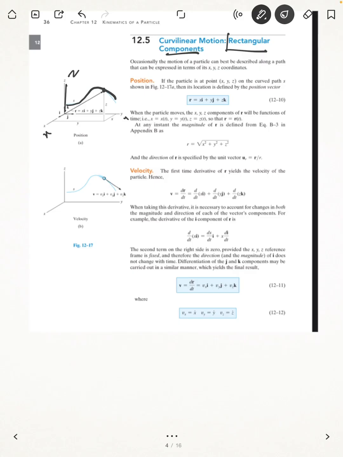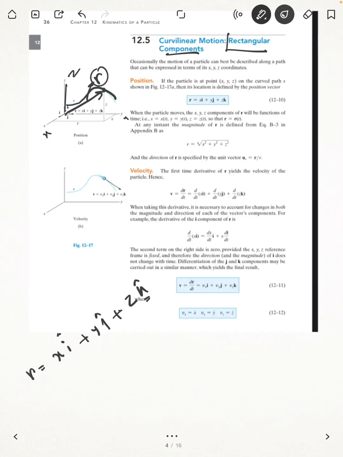If there are x, y, and z axes, we can determine the position with respect to them, which is the position vector r. This can be determined by x i cap, where i is the unit vector in the x direction, plus y j cap, the unit vector in the y direction, plus z k cap, the unit vector in the z direction.